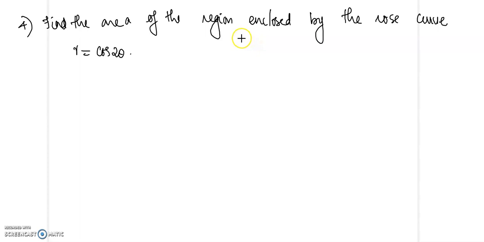Even number of petals വരുമ്പോൾ 0 to 2 pi വരെ ഉണ്ടാവും നമുക്ക് ആംഗിൾ. 0 to 2 pi the curve will be traced. So the graph will be like this. So there will be 4 petals. So this is a rough graph.